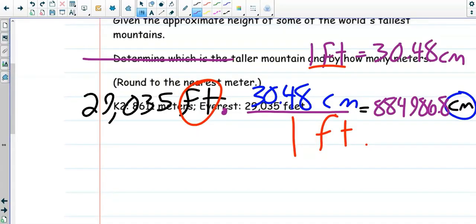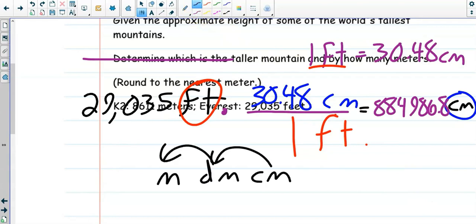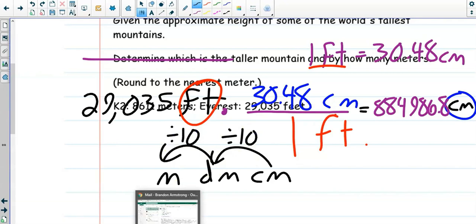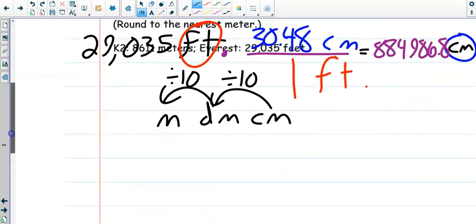So now we are in centimeters over here, and we want to take it to meters. So meters, decimeters, centimeters. We want to go this direction. Since we are moving to the left, that means we're going to divide by 10. So we're going to take that 884,986.8 and divide that by 10.